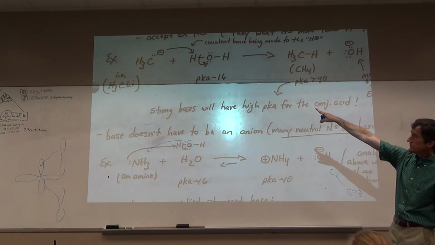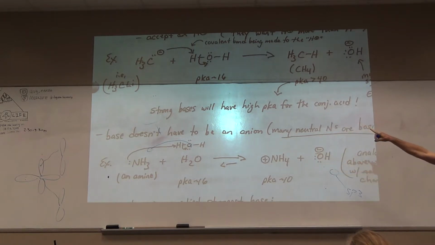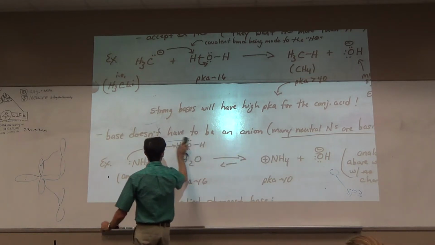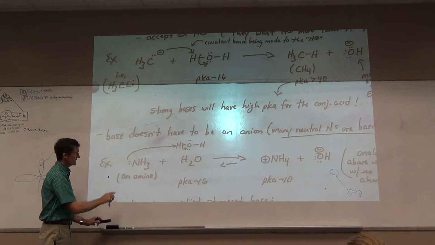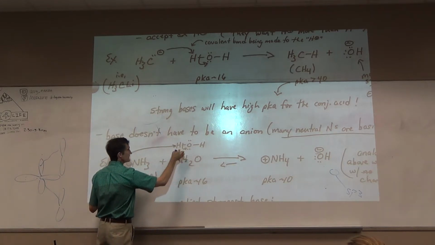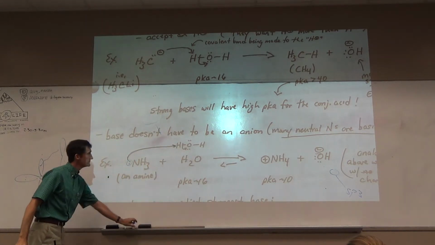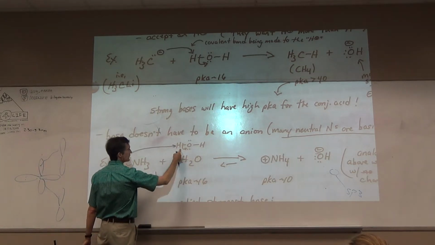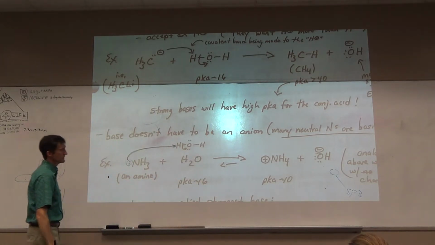Up there, the base was an anion. Most good strong bases are anions, but they do not have to be. Down here, ammonia is acting as the base, and these electrons may bond to H. These electrons move on to oxygen. Of course, anytime you do a reaction, you want to have a full structure.